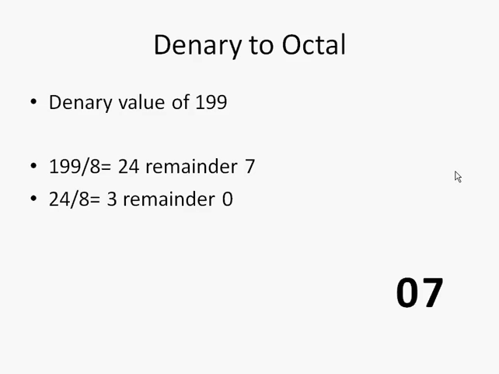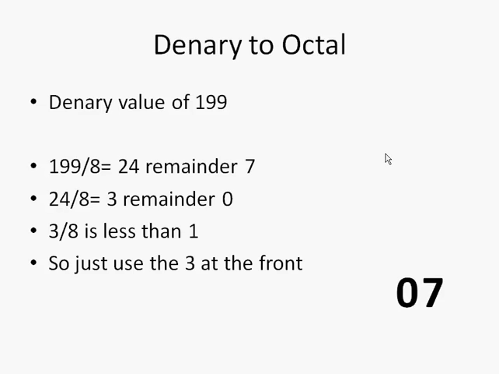Now, if you get 0 as a remainder, then you have to use it as part of the equivalent in octal. Now, that was something I wasn't sure about when I first looked at decimal to octal, but there we go. Then you have 3 divided by 8 is less than 1, so we know that if the value of the division is less than 1, then we use the 3 at the front.